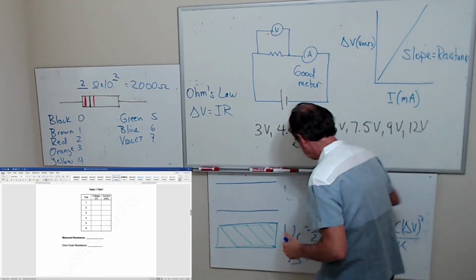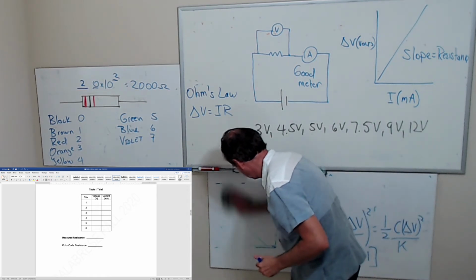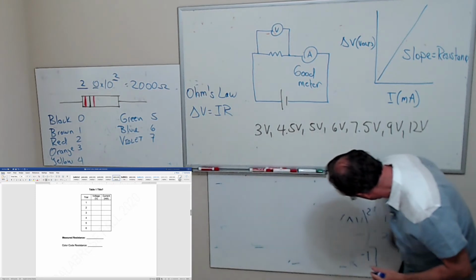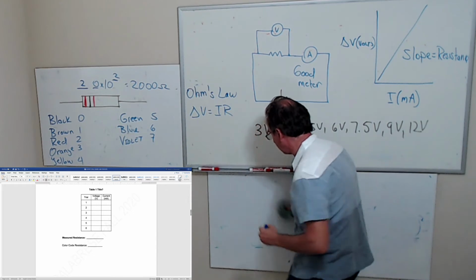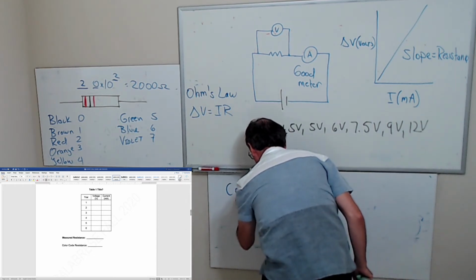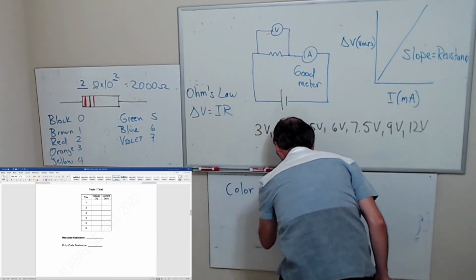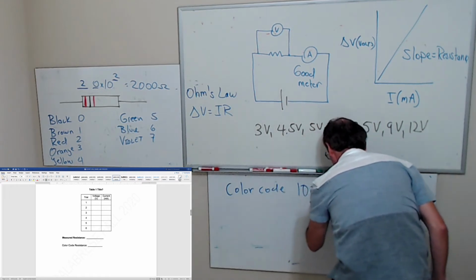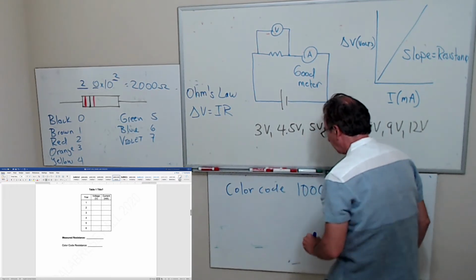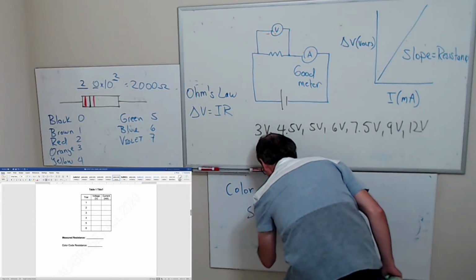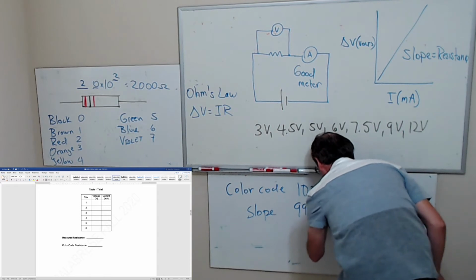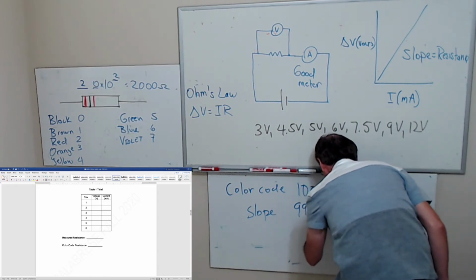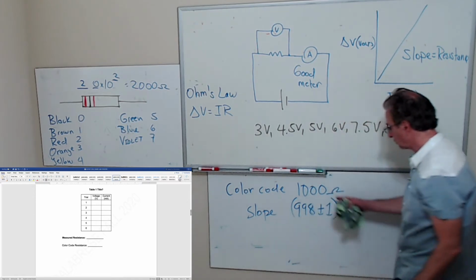So if my color code says 1,000 ohms, but my slope says something else, do those two values agree?